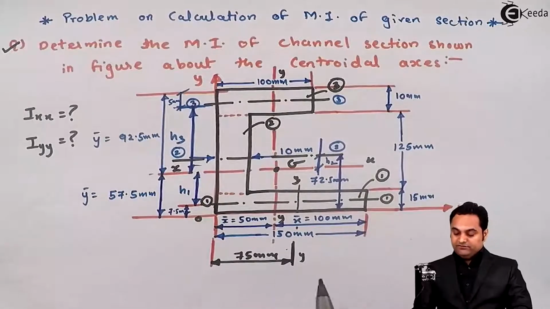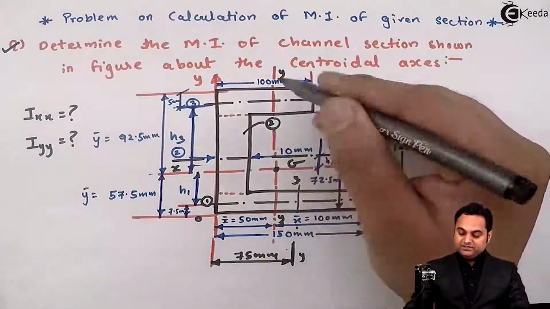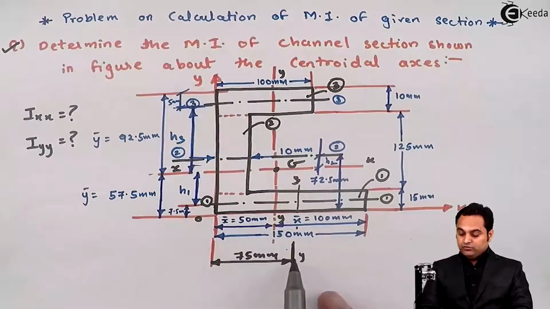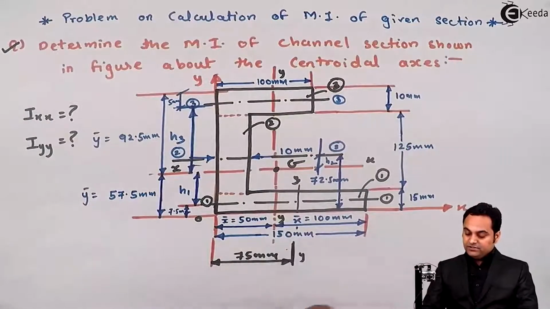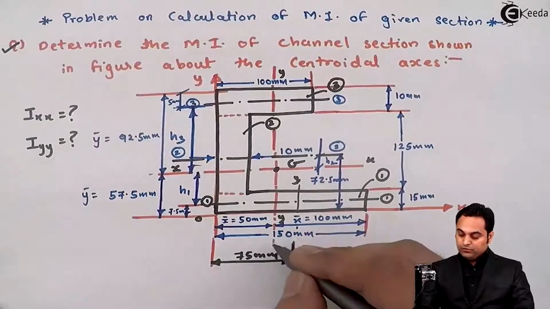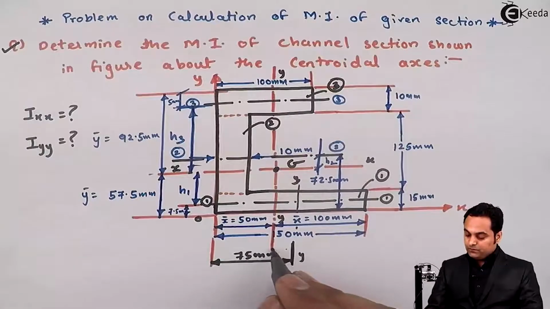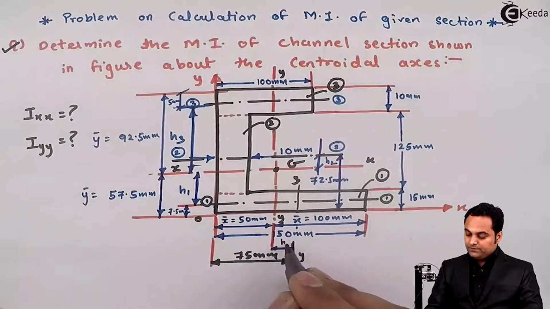But if we see the y-axis of the complete C section, that is at x bar equal to 50 mm from LHS. So it means there is a distance between the two axes, and this distance would be h1.